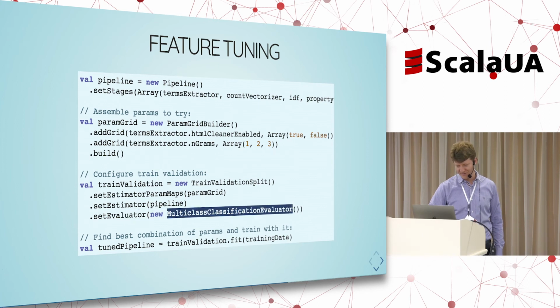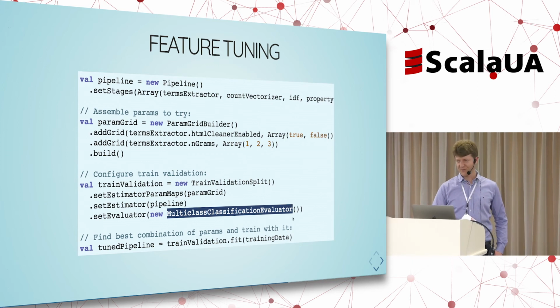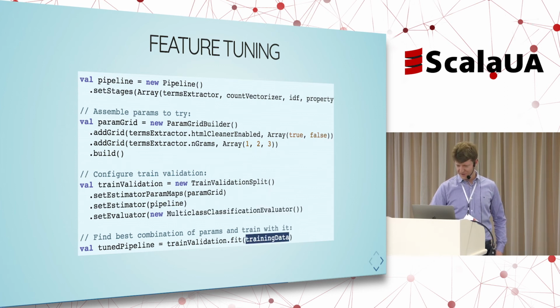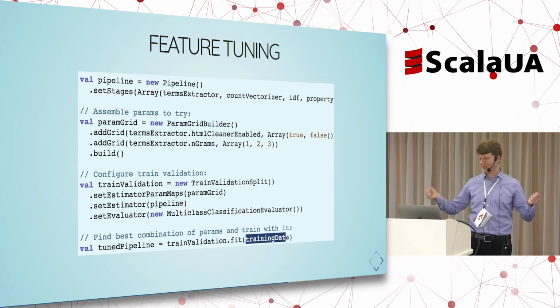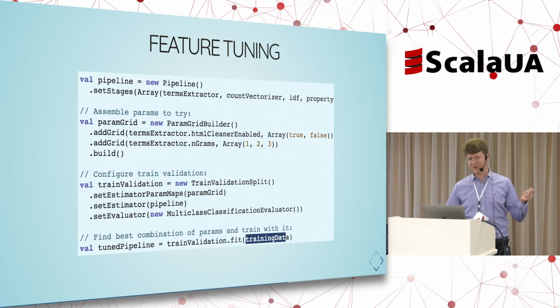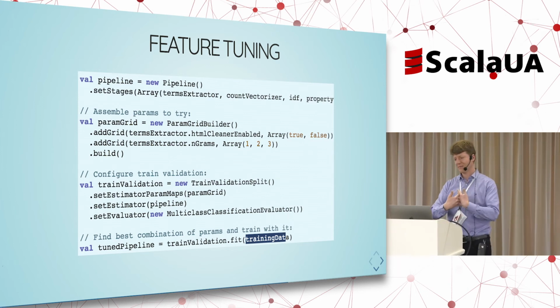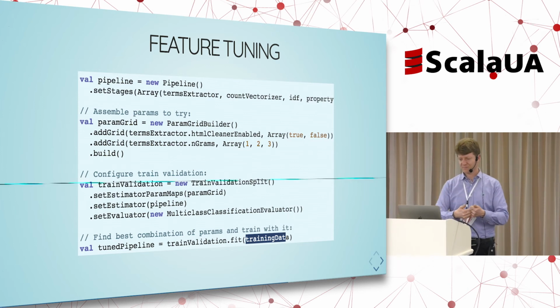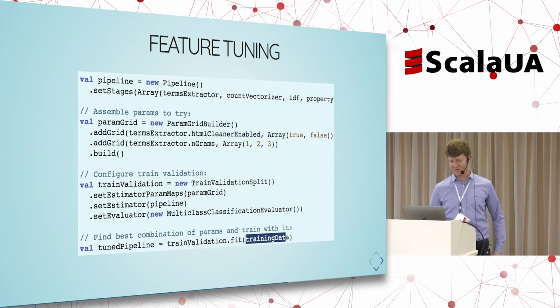This is also built into Spark and has a variety of options that I will, however, not talk about here. Then you can just give TrainValidationSplit all your training data, and it will do exactly what we talked about. It will try all the different parameter combinations, evaluate, for example, the accuracy, and then finally pick the best combination of these parameters and return you the tuned pipeline.